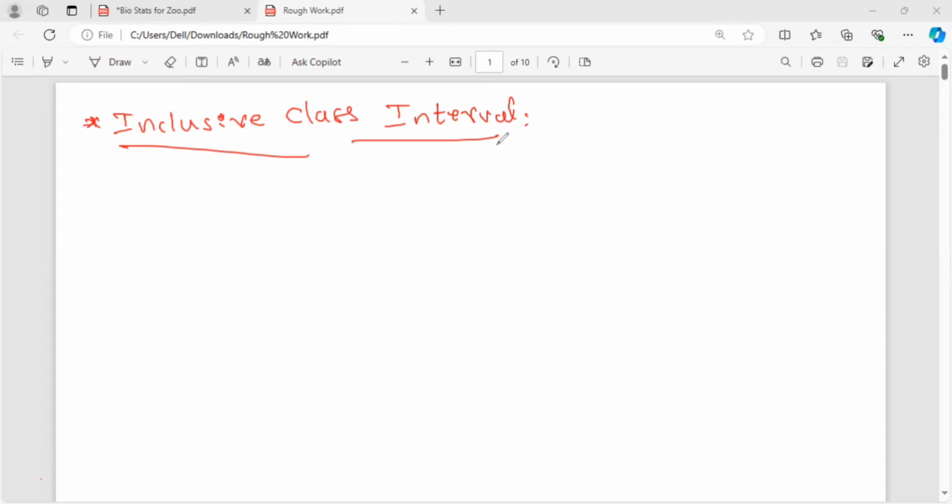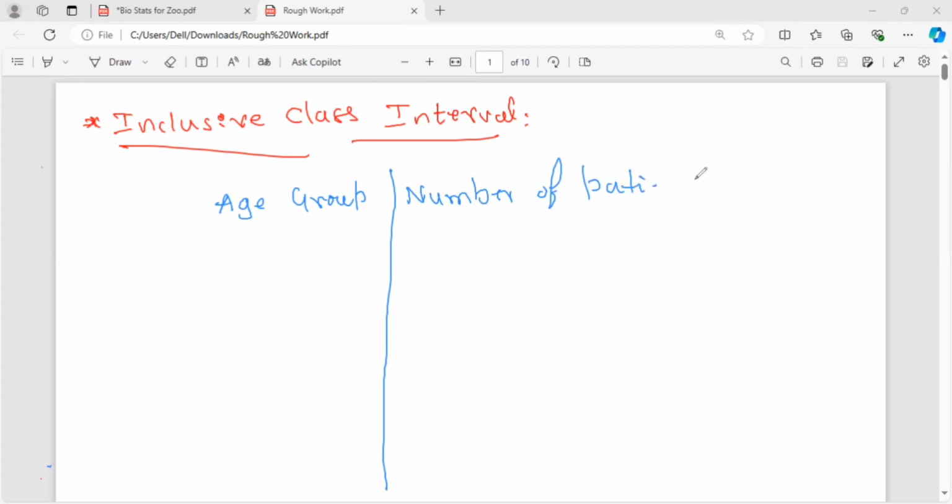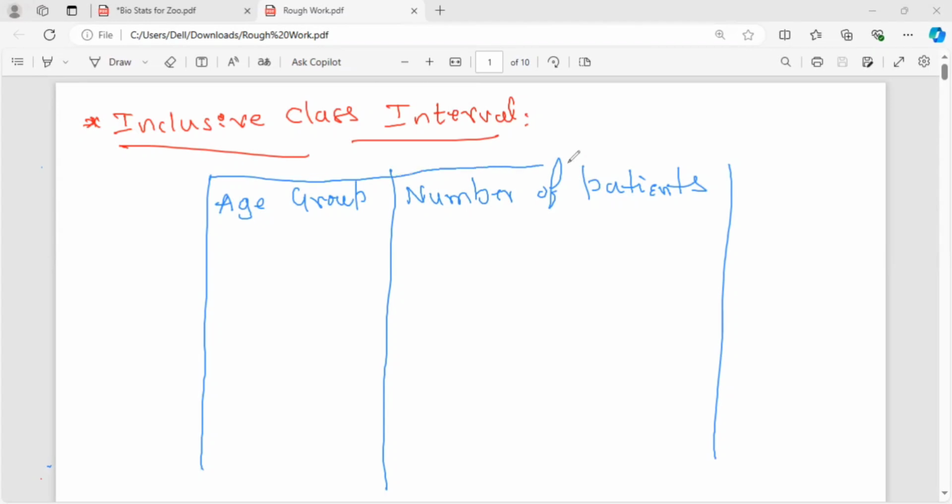Inclusive class interval is a type of class interval in which we have some class intervals. Say, for example, I will consider the age group and the number of patients.